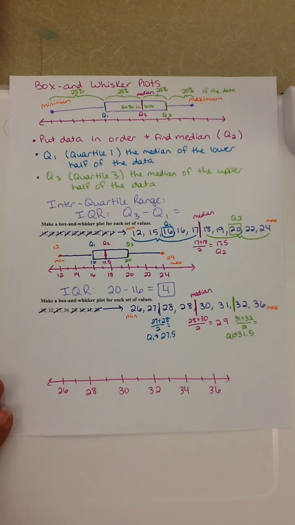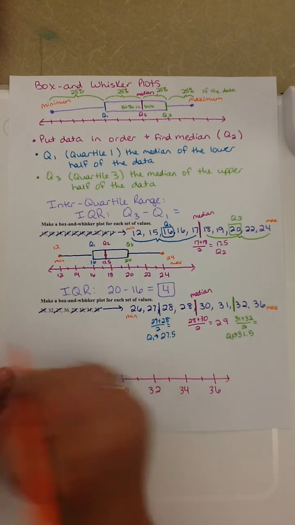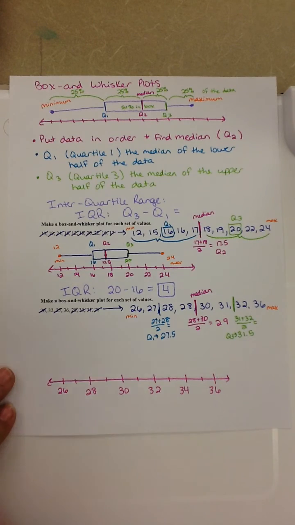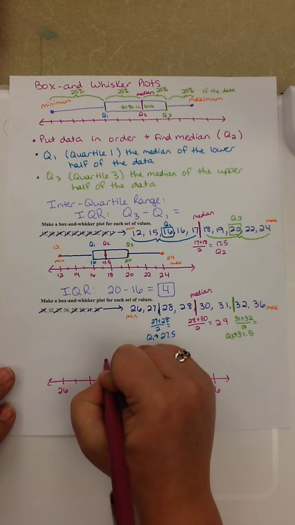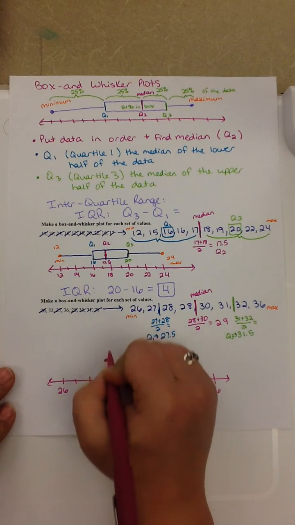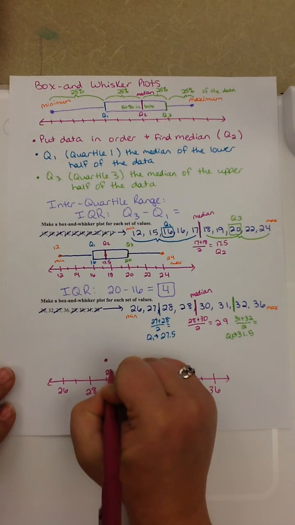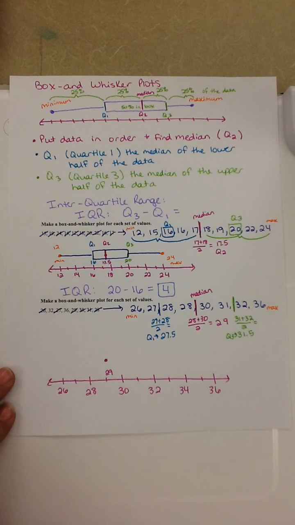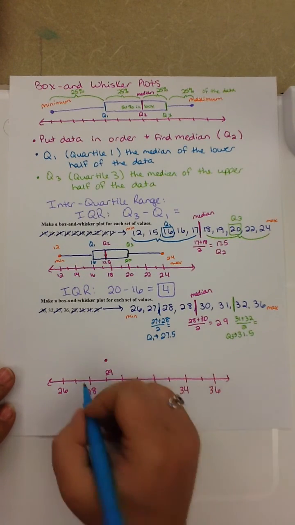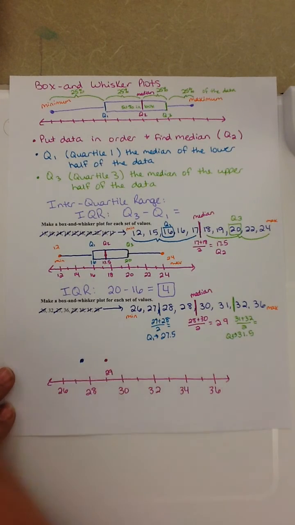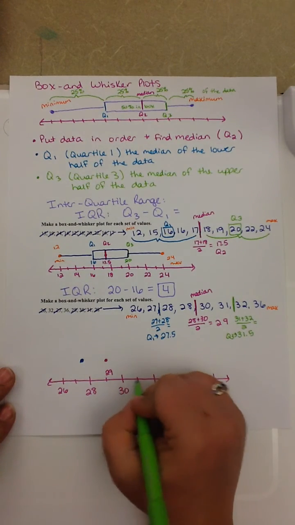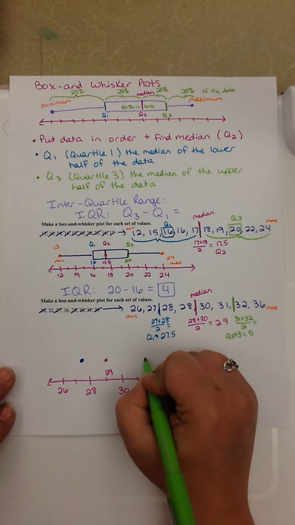Spread this one out a little bit more so we can see it. Okay, let's start in the middle. Our middle is at 29. That is our median. So we'll label that 29. And my Q1 is 27.5, so halfway between 27 and 28. Then my Q3 is 31.5, so halfway between 31 and 32.